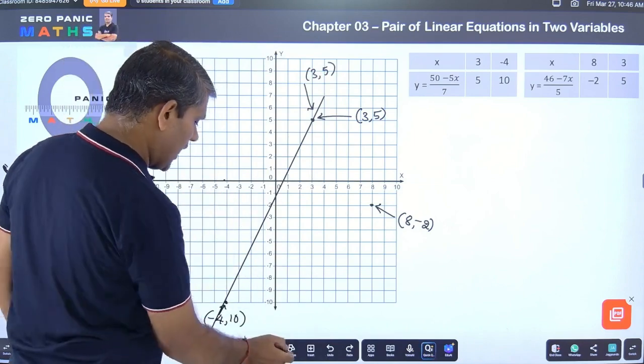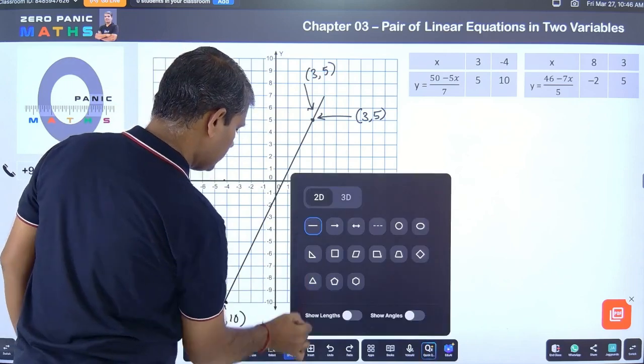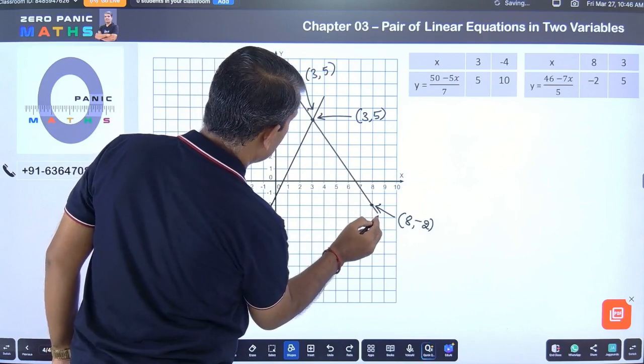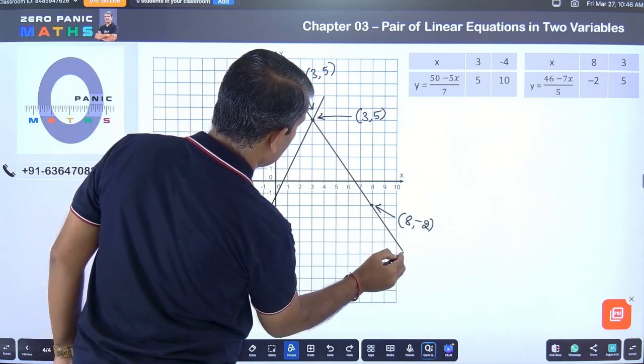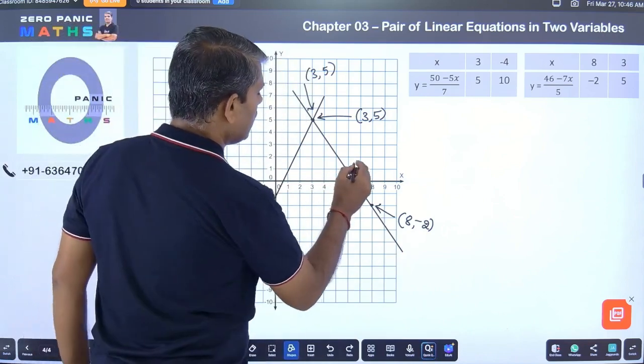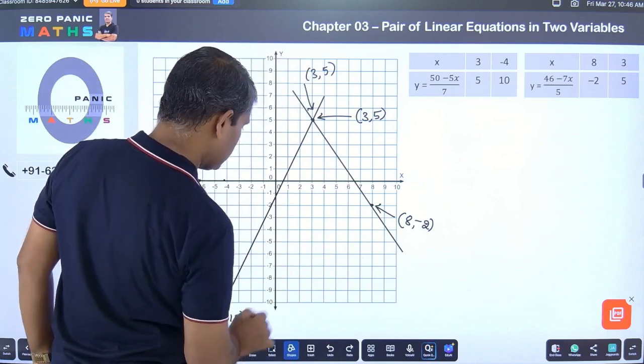Okay, let us draw the line for this also. Okay, this is that line. What does this line represent?